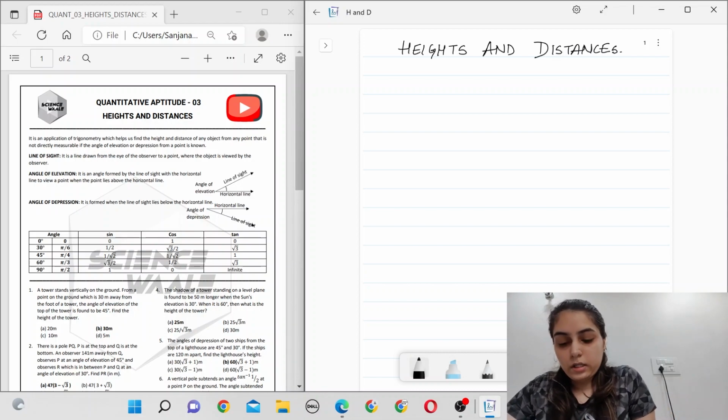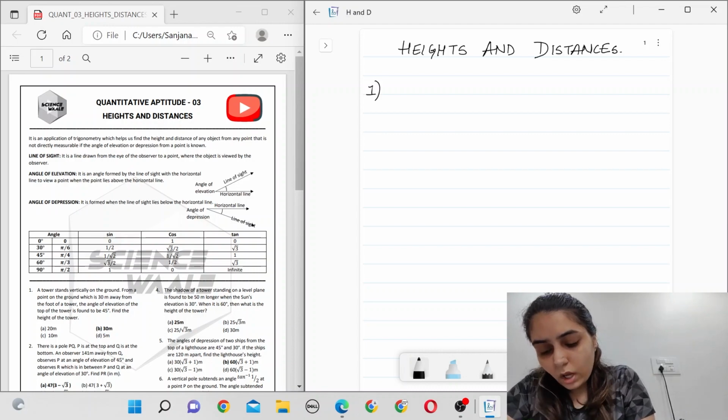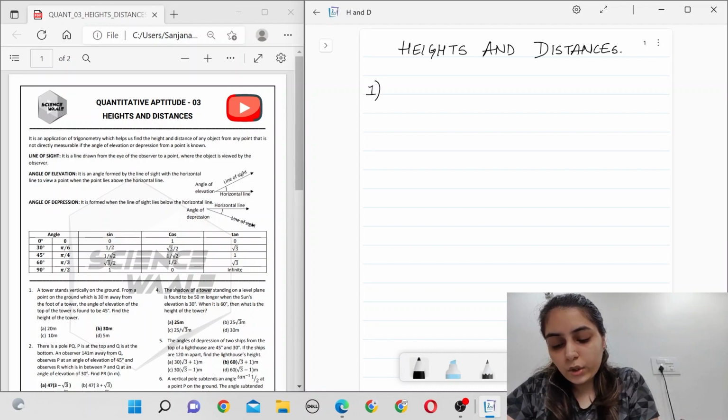So looking at the first question: a tower stands vertically on the ground.